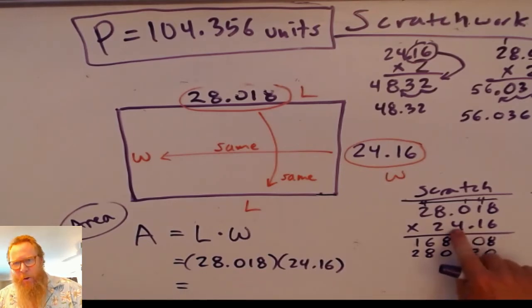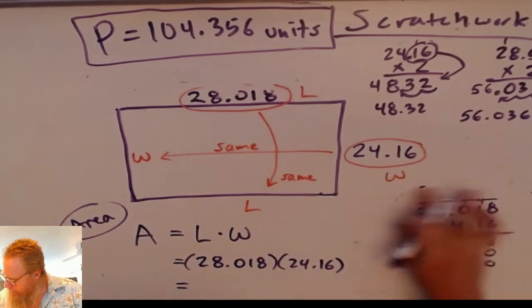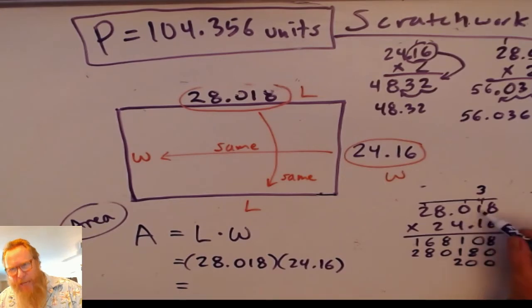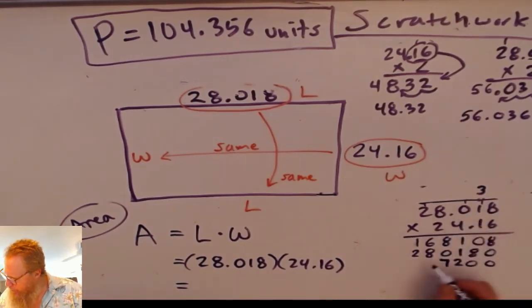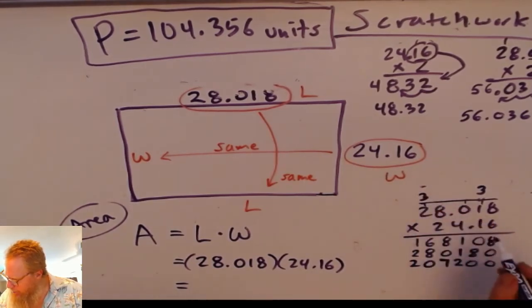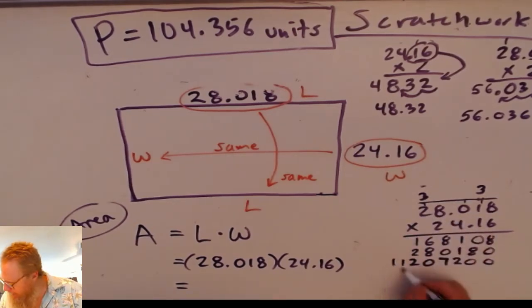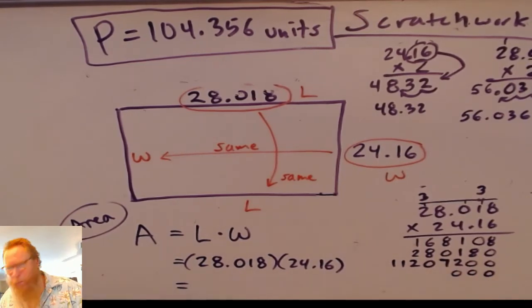So we're up to 4 now. 4 times 8, 32. I'm running out of space. Carry the 3. 4 times 1 is 4, plus 3 is 7. 4 times 0. 4 times 8 is 32. Carry the 3. 4 times 2 is 8, plus 3 is 11. Finally, 3 placeholders.